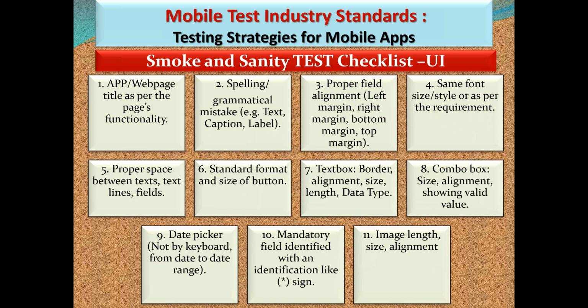If, for example, the application is using a couple of fonts, you just have to know exactly where the mismatch can occur and where it's not. So it's your responsibility to check for that. Proper space between text and text lines and fields. Very often, again, there is no space between words, and you have to catch that.